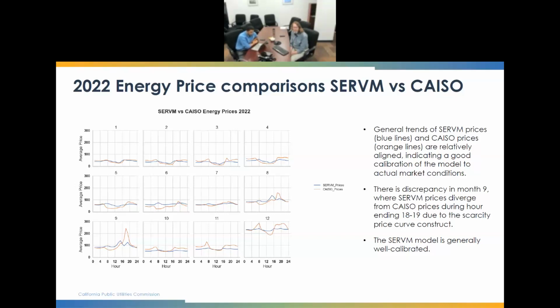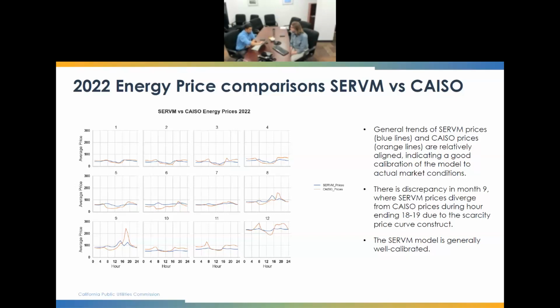You see here that the general trend is relatively aligned, indicating a good calibration of the model to actual CAISO. There is a slight discrepancy in month 9, from hour 18 to hour 19, and that's due to the scarcity price curve we constructed. In general, the Servem model is well calibrated.